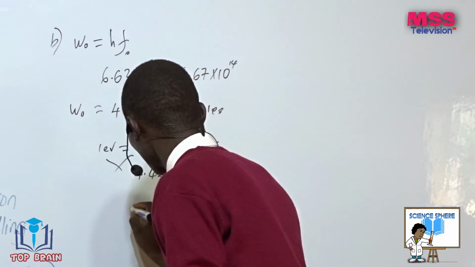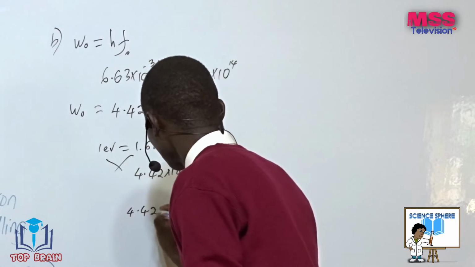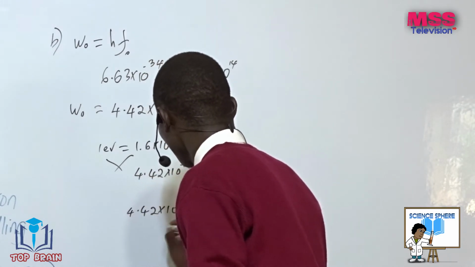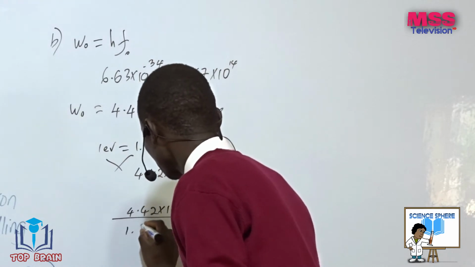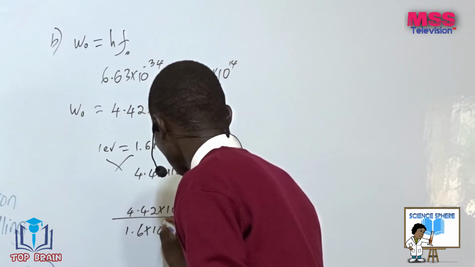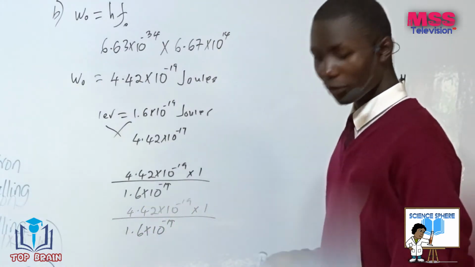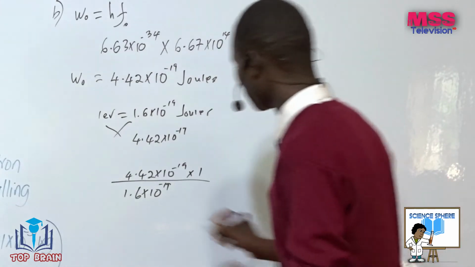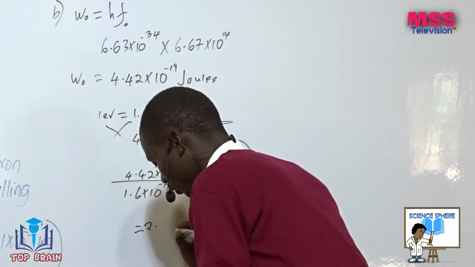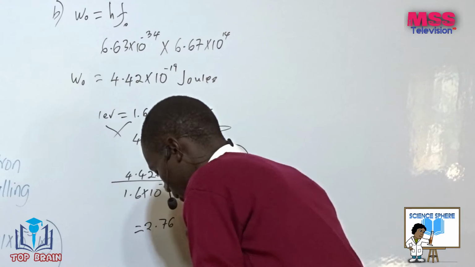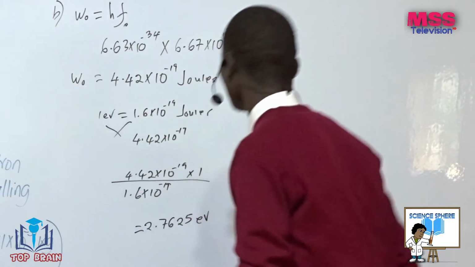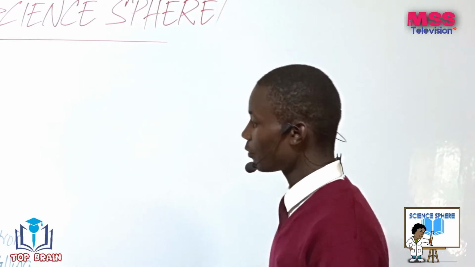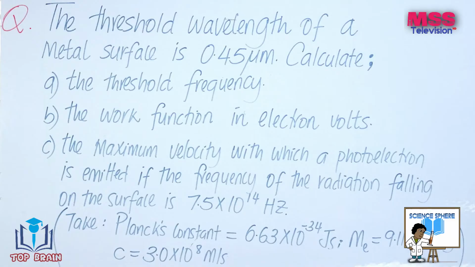That will be 4.42 times 10 raised to negative 19 multiplied by 1, divided by 1.6 times 10 raised to negative 19. When you do it correctly, you are going to get 2.7625 electron volts.